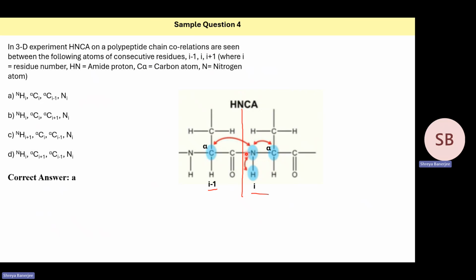Magnetization is transferred to the amide nitrogen of the i residue, Ni. From here, the magnetization is transferred to the C alpha of i and the C alpha of i minus 1. Then the magnetization again goes back till it reaches the amide hydrogen where it is detected. So the 4 atoms that are involved, shown by the blue circles here, are the amide hydrogen of i, amide nitrogen of i, and the C alpha of i and i minus 1. So the correct answer is option A.